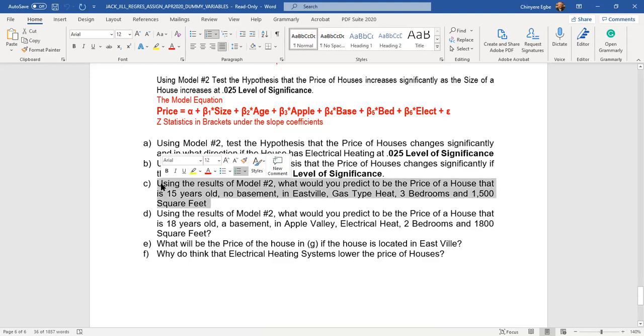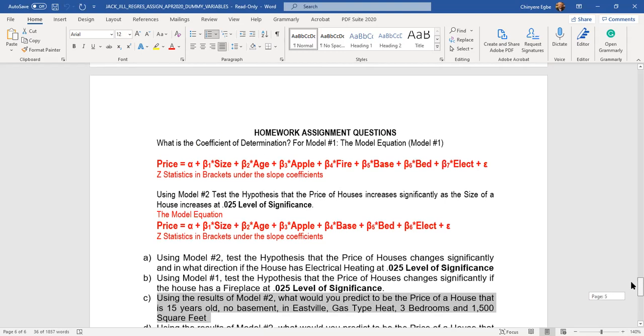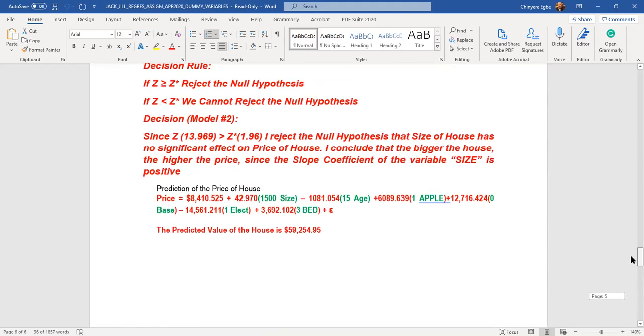Okay, that's number C. Yes, C. Very good. So when you use this model number 2, you come to basement. You see, I have a 0 here. 0 times that number will give you what? 0. Okay. That's what it is.